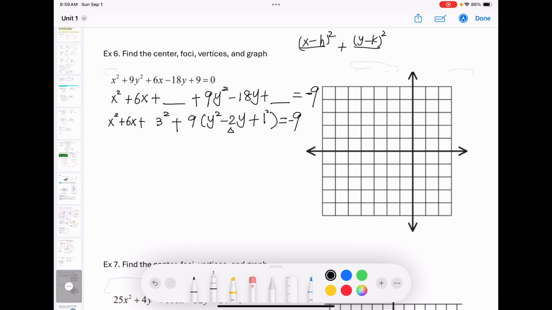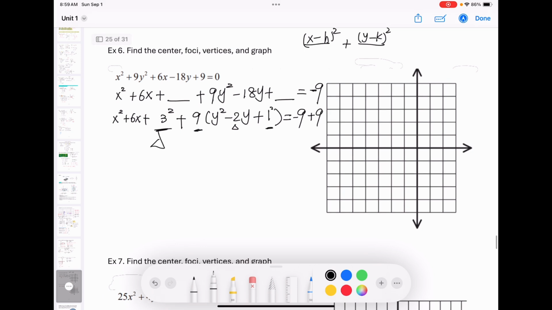But this equation is not equal because we added this one on the left hand side. We also added the 9 times 1 on the left hand side. That means on the other side I need to add the same amount. So let's add the 9 from the 3 squared and then add another 9 from 9 times 1.